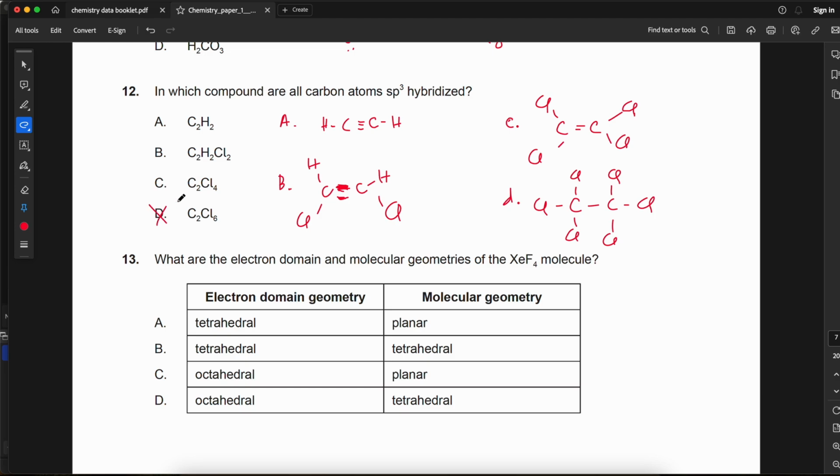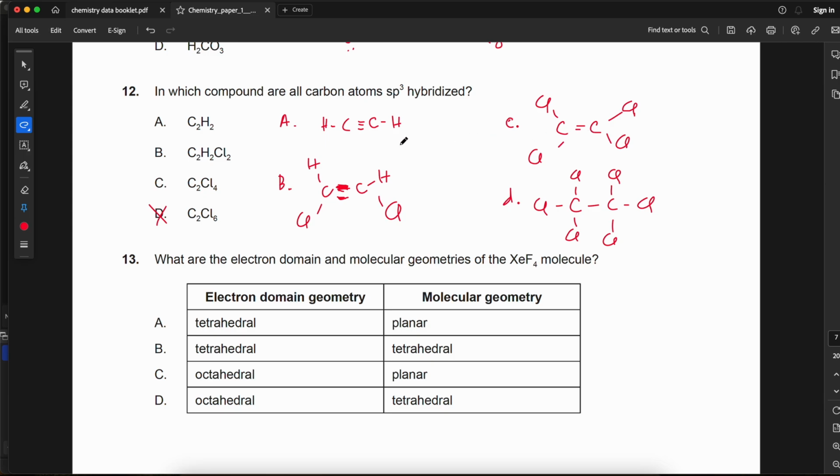It's sp3. An sp3 atom has 4 single bonds, or 3 single bonds and 1 lone pair, or 2 single bonds and 2 lone pairs. So it should be 4 domains. So that would be sp3. For sp2, 2 single bonds and 1 lone pair, or 2 lone pairs and 1 double bond, or 1 double bond and 1 single bond and 1 lone pair.